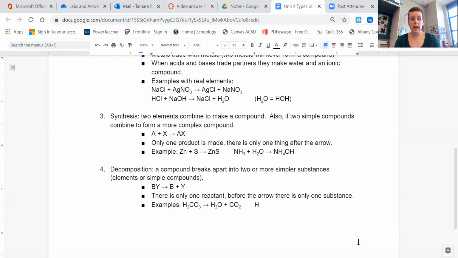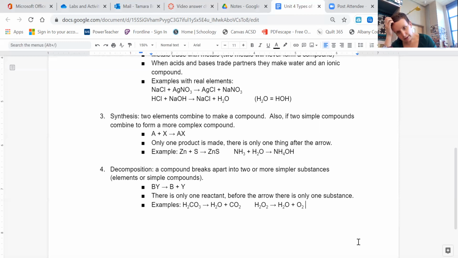Some of you might actually have hydrogen peroxide in your bathrooms. We use it on cuts to kill bacteria. Anyway, H2O2 is hydrogen peroxide, and over time it actually expires, and that's because it breaks apart, it decomposes, and it turns into H2O and oxygen gas, O2.